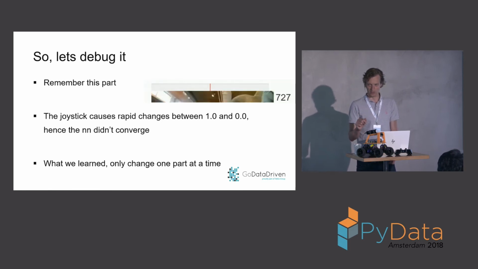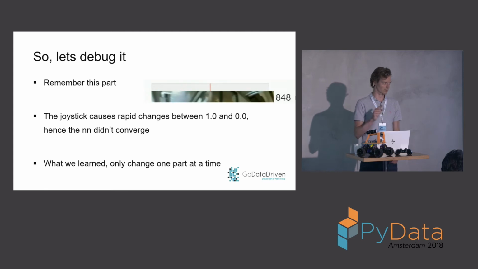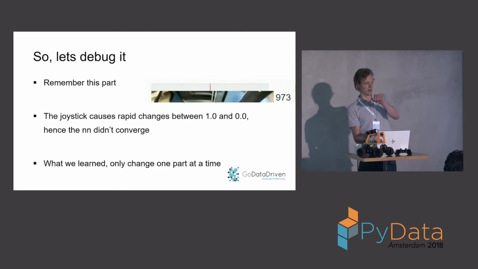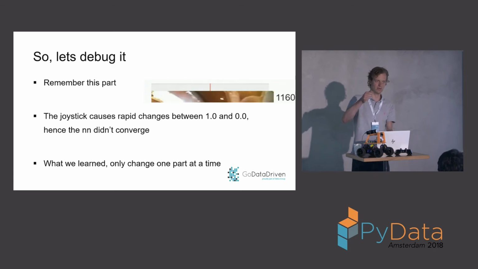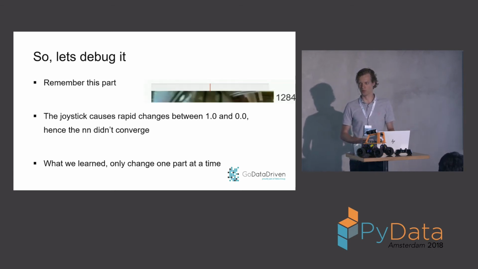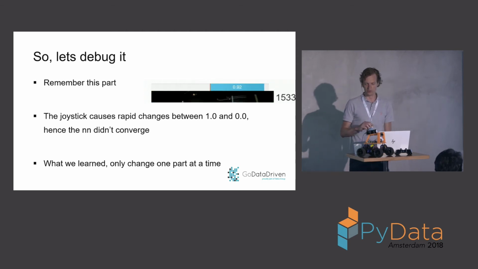And this joystick we bought is really nice for driving, but it's maybe not so nice for training, because with the gyro we had before, it's really difficult to go from full lock to no lock in a single go, right? You always have some intermediate values in between. But with the joystick, it's trivial, right? You just push full lock, you release the knob, and it's just 0 again. So this actually caused a problem, and it caused our network not to converge at all.